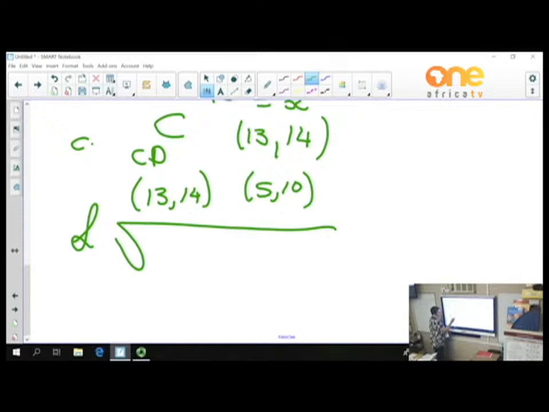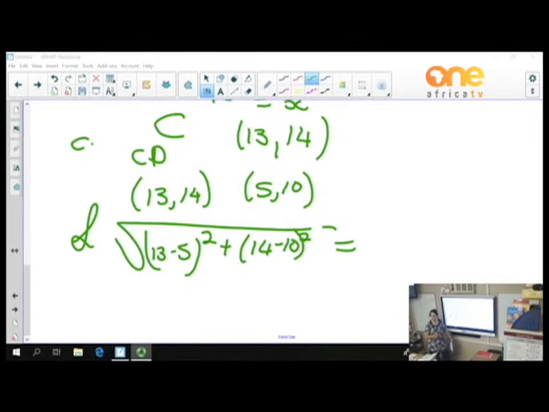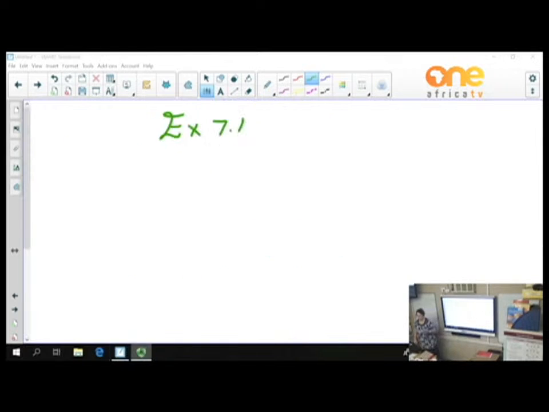So it will be 13 minus 5 squared plus 14 minus 10 squared, which is equal to 8.94. Exercise 7.1. The equation of the line.